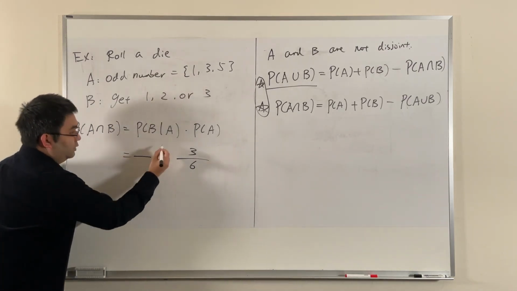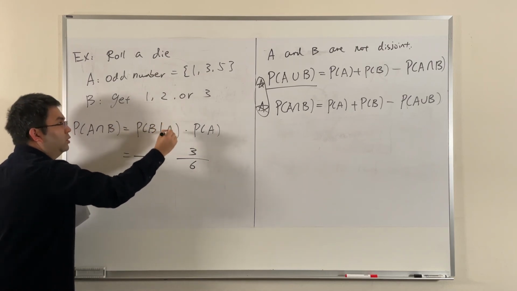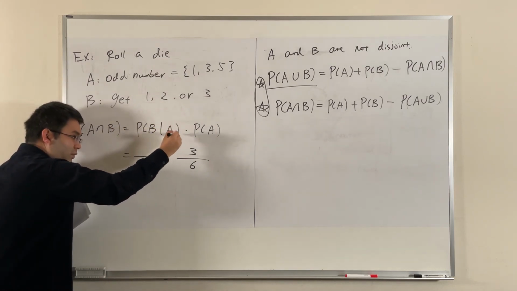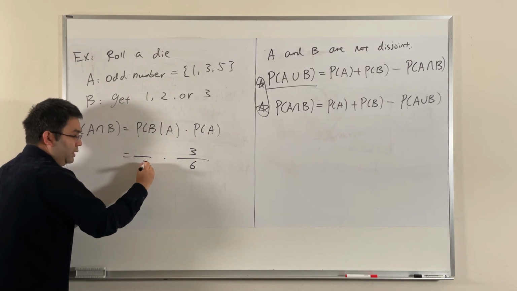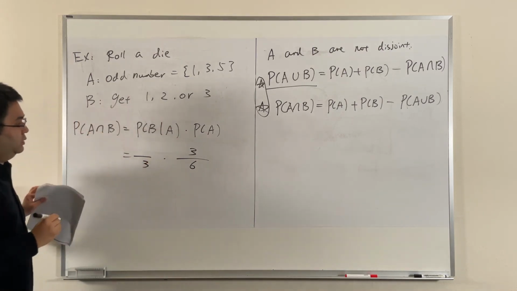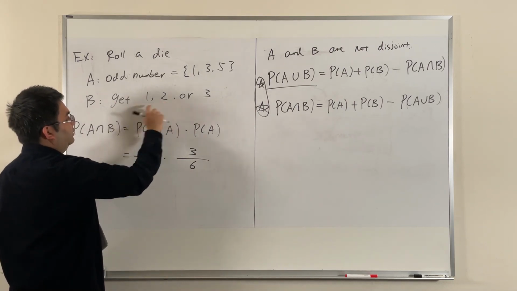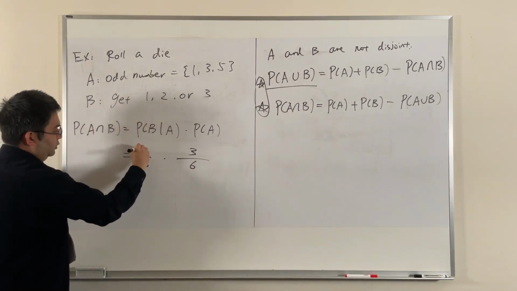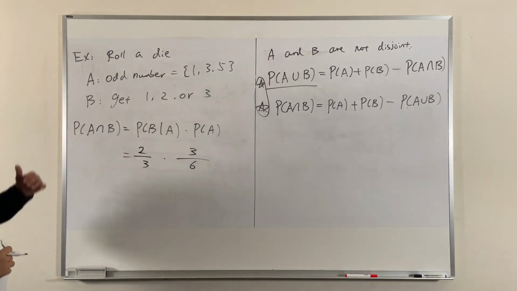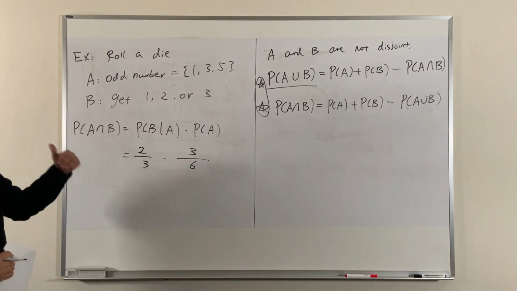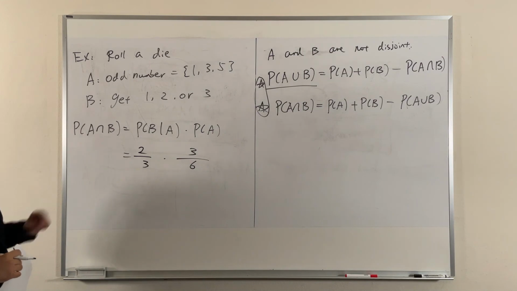So conditional on knowing you're getting an odd number for sure, then you already cut down your sample space to 3. And then 2 of them satisfy the event B, so the probability that you get B conditional on A, or given A, is 2 over 3.